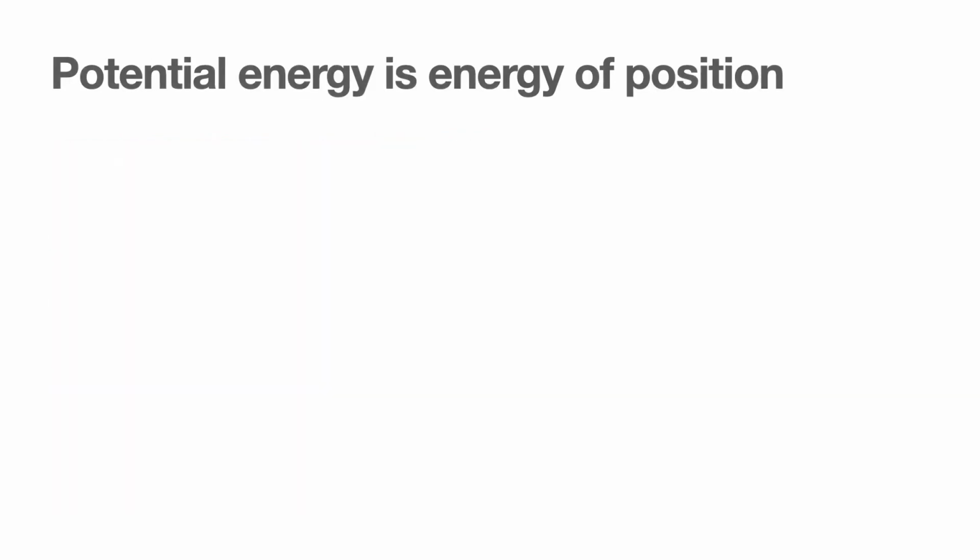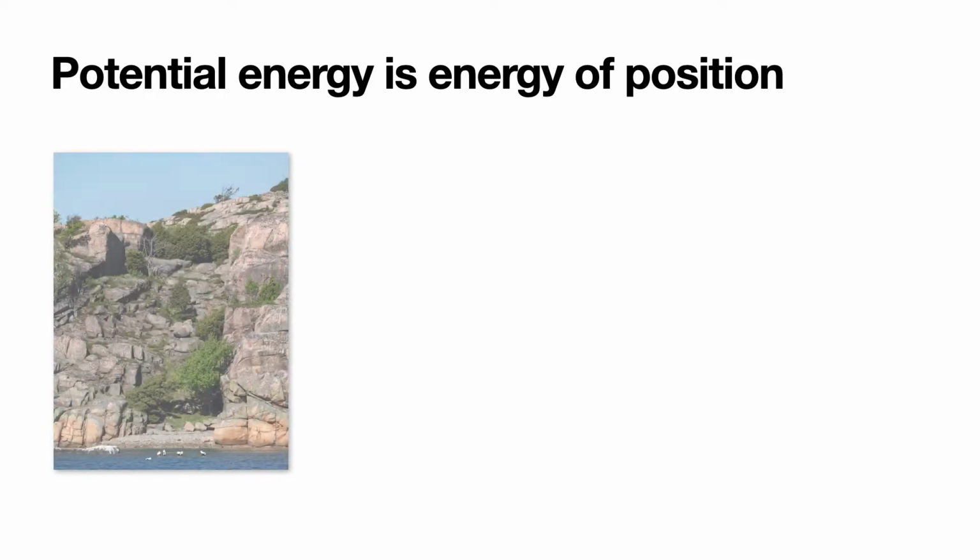Now, potential energy is energy associated with the position of an object. So, for instance, rocks that are at the top of the cliff here would have a higher potential energy than rocks further down. And that energy is associated with gravity.